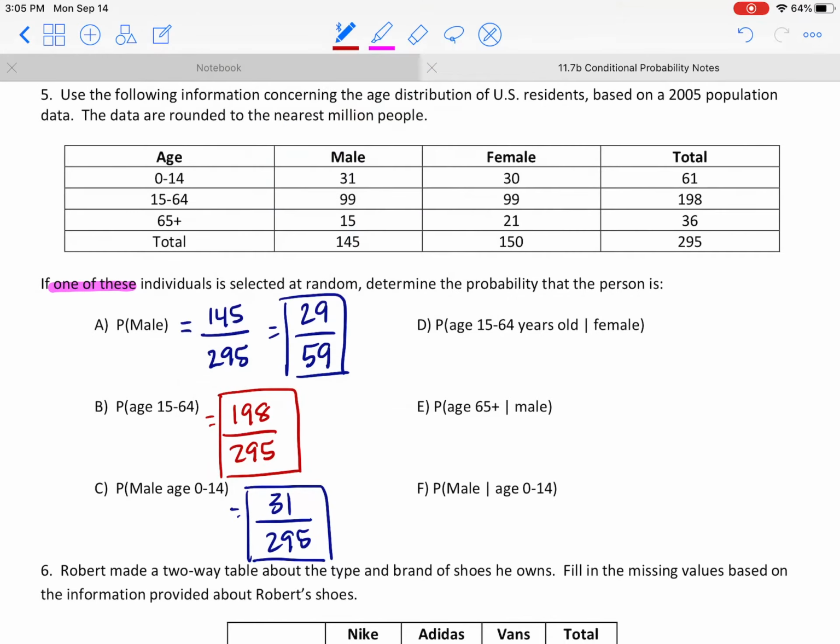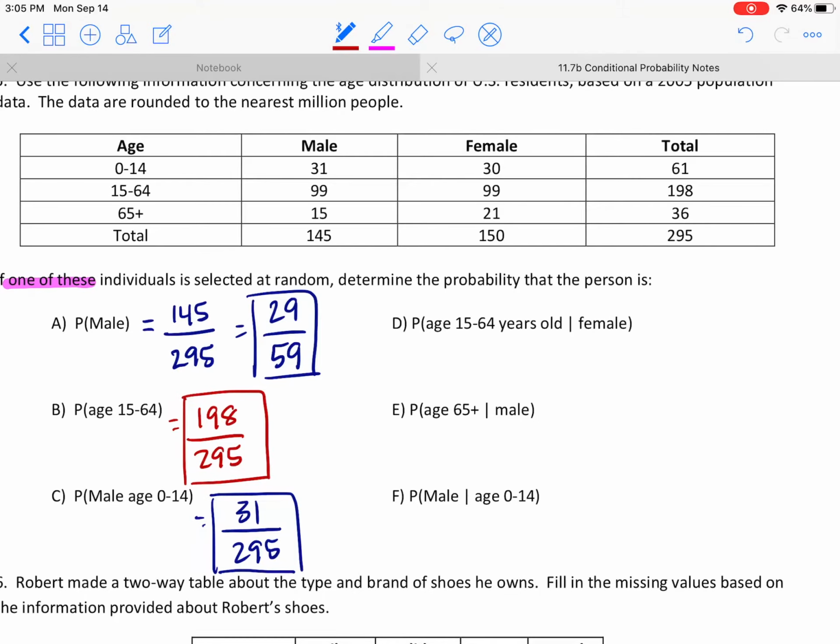All right. How about here we have a condition, finally a condition. It says, what's the probability that they are age 15 to 64, given that they're female? That means we are only looking at the females. So of these 150 females, how many are 15 to 64? 99.